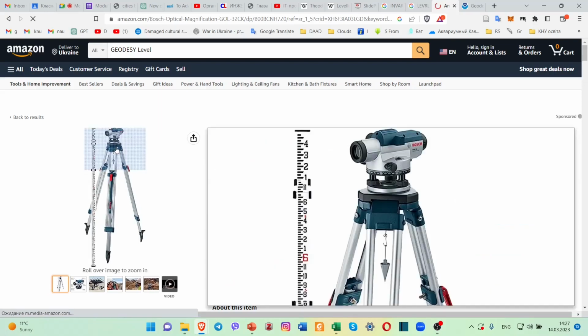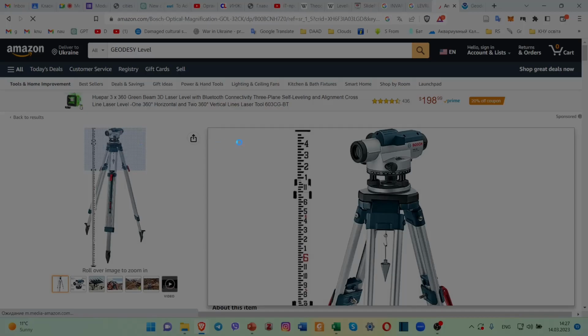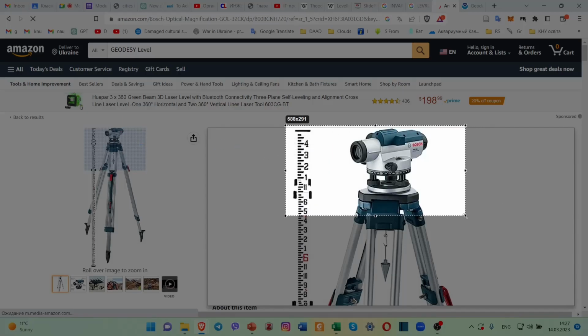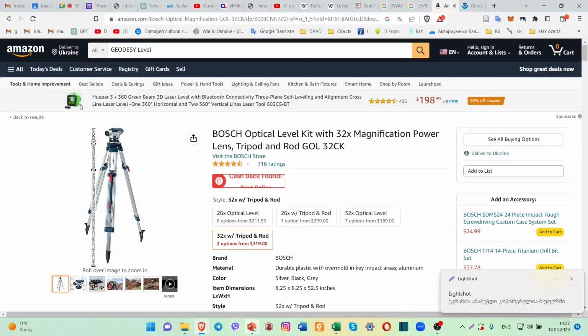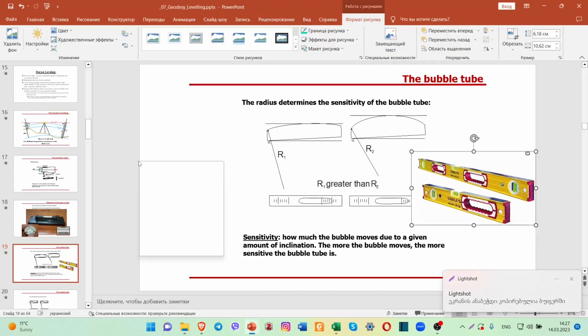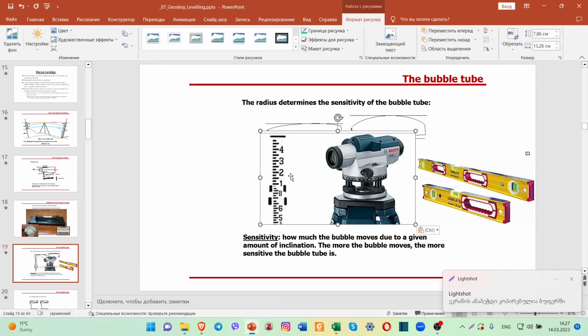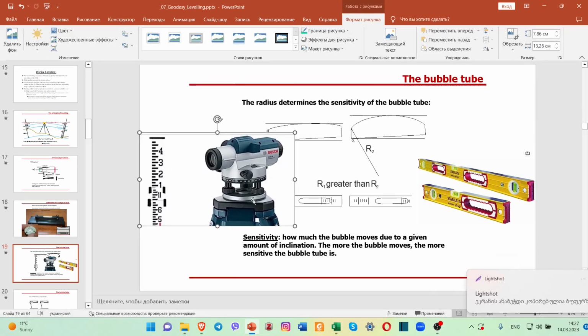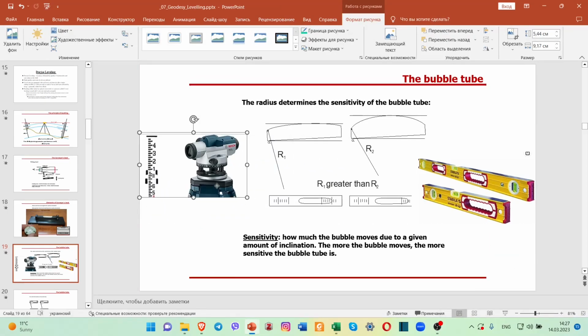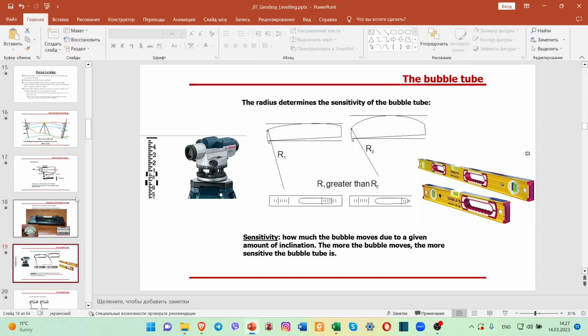In this case, the optical level is more precise, more sensitive, because the bubble tube is more sensitive.